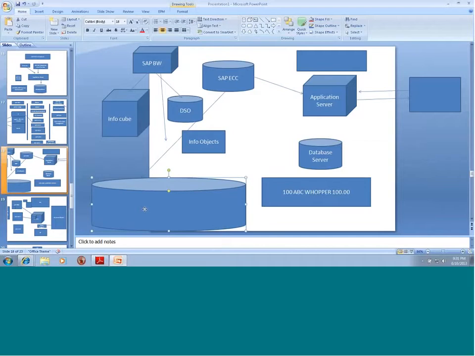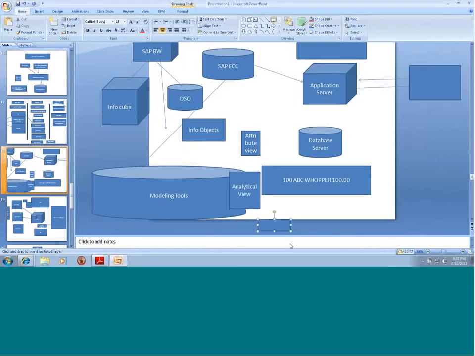If you look at the SAP HANA system, HANA system has a modeling tool in it. So this modeling tool creates 3 different concepts: attribute view, it creates something called an analytical view, and it also creates something called a calculation view. Okay, so an attribute view is nothing but an info object in BW terms.